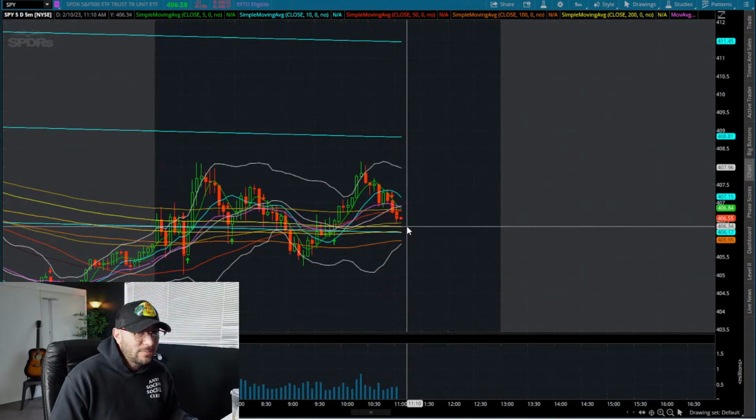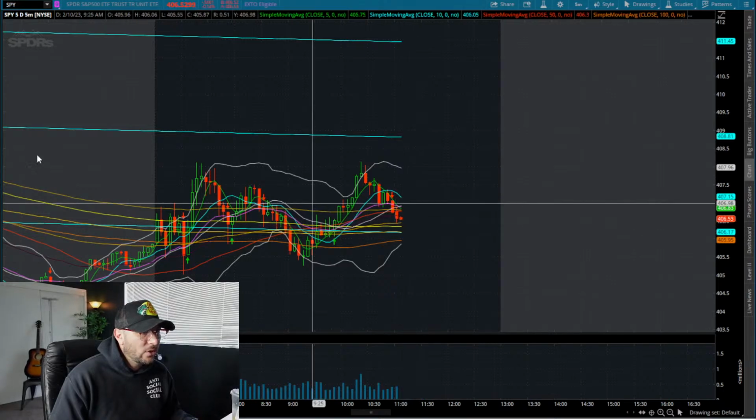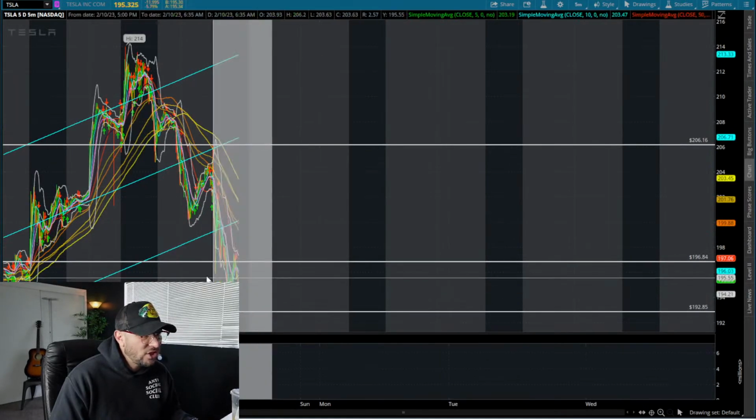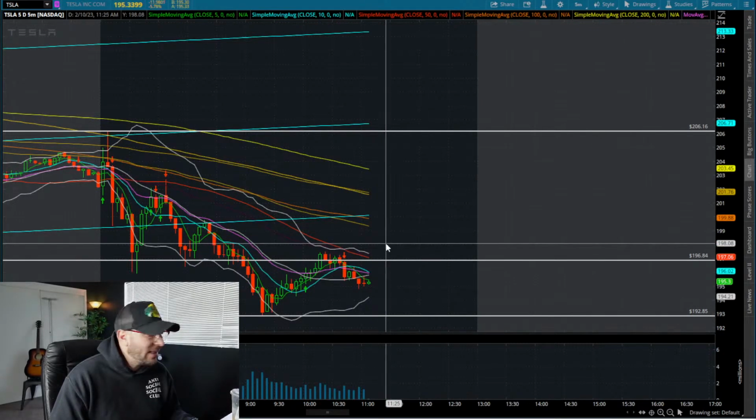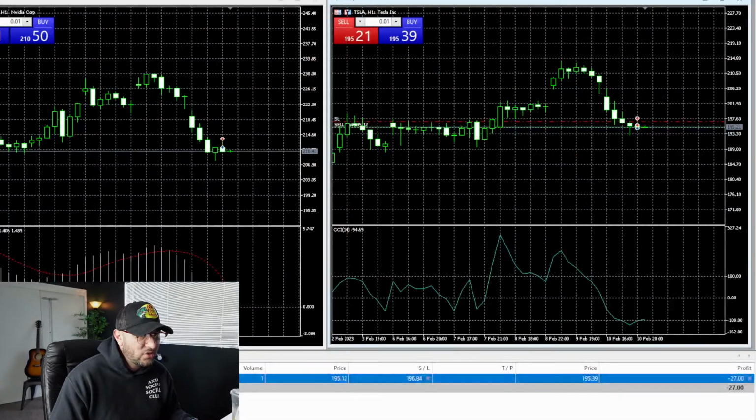What we want to see is some downward pressure, at least to 406.32. Give us another quarter on this thing. I think we can get Tesla to move just a little bit here through this low wick of 194.78, and then that's where I'll be looking to scale out and take some profits, or just cut the trade at that point in time. Currently down $28 on the position.